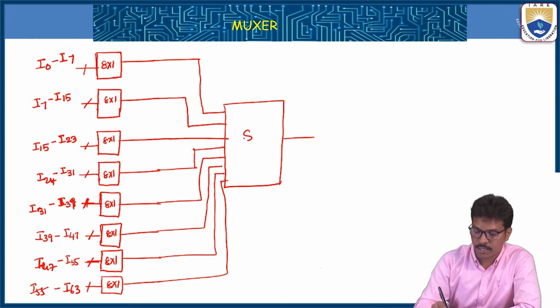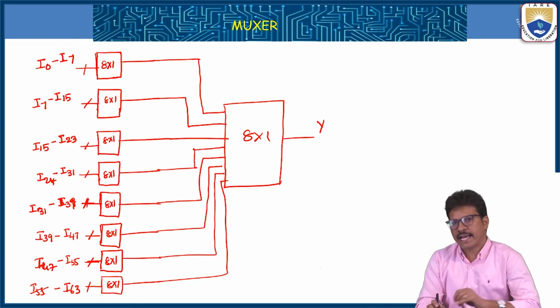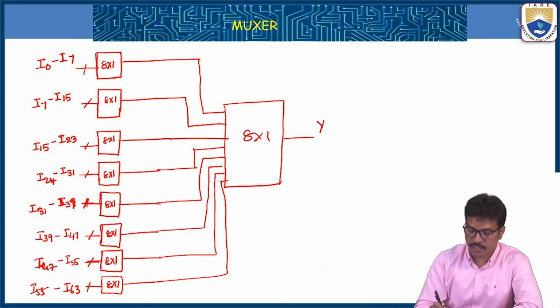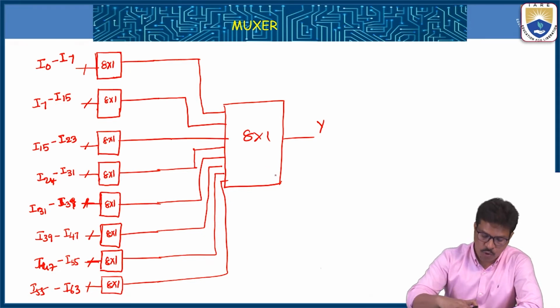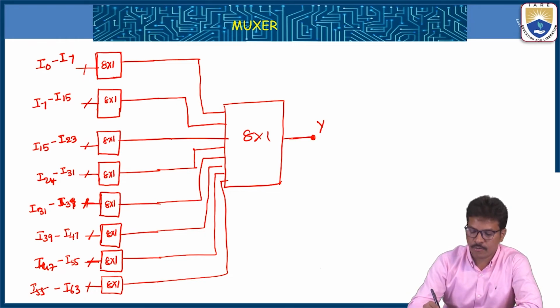The first stage has 8x1 multiplexers, and the second stage has only one 8x1 multiplexer, so that the total inputs I0 to I63 go to one single output.